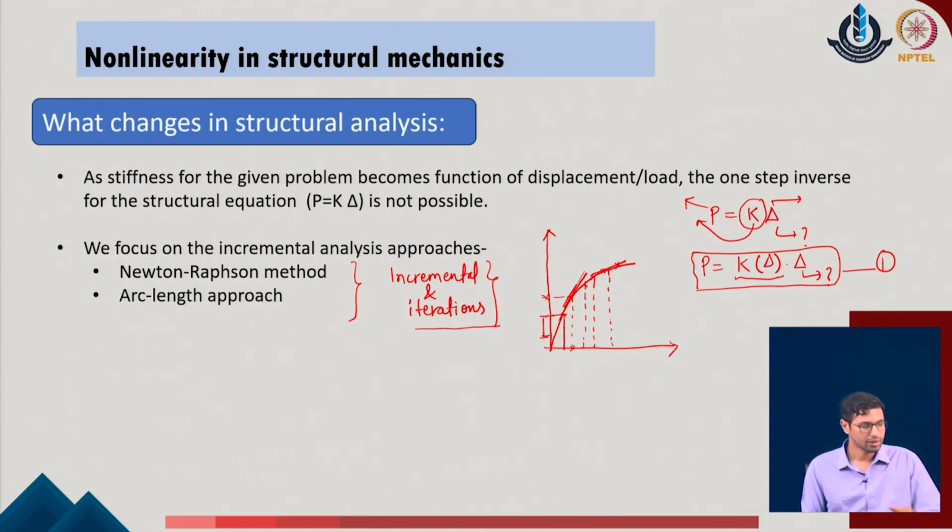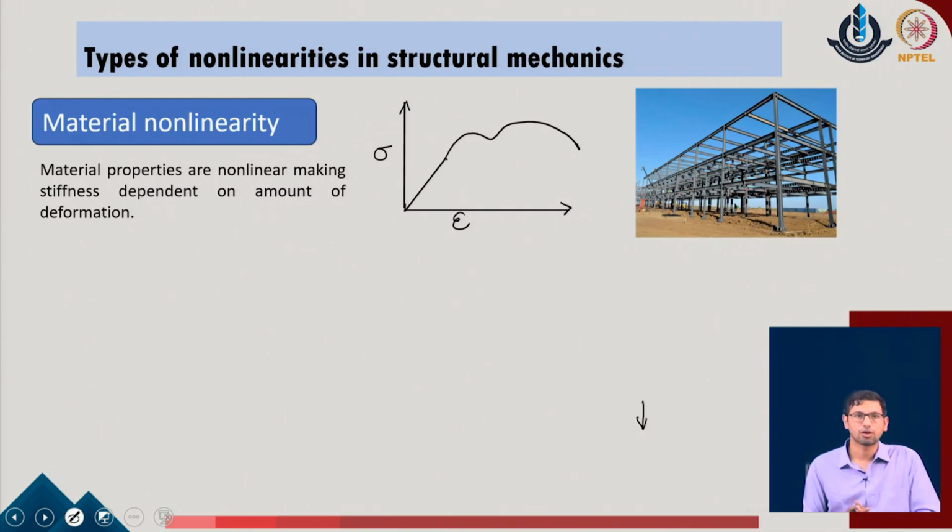With this idea in mind, we understand now that there are different kinds of possibilities which can introduce the nonlinearity in the given system. Through the subsequent few slides, we will try to look at these nonlinearities. The very simplistic one, the first one, is the material nonlinearity in the given system.